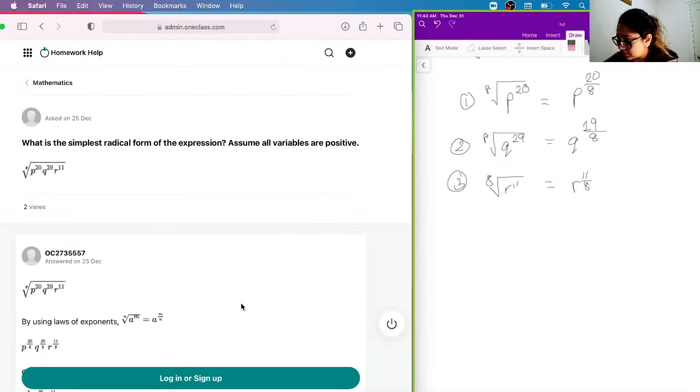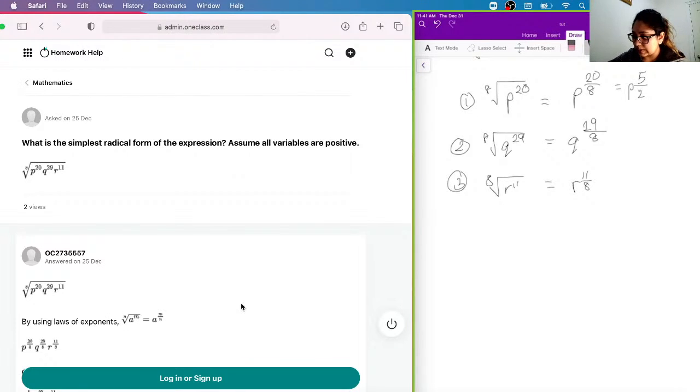Okay. And so once we simplify, let's see which of the variables we can simplify. We can simplify this one, right? Since it's divisible by 4, what we get here is 5 over 2. And we can't simplify q because there's no number that will divide both 29 and 8, and the same goes for r.